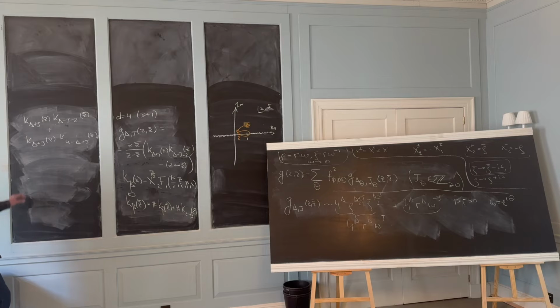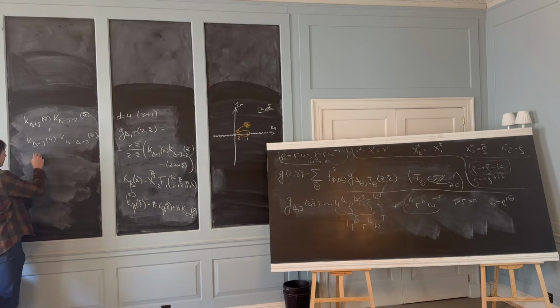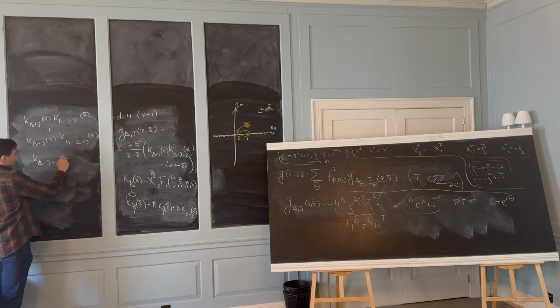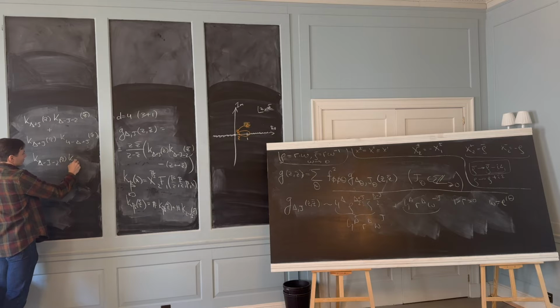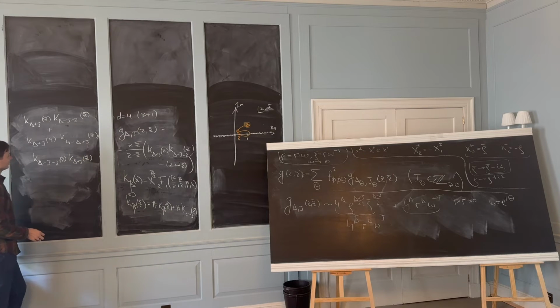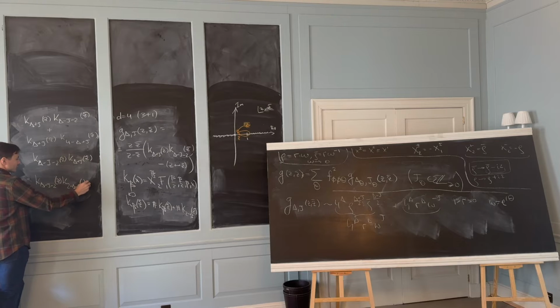And similarly, there is another term here which looks like k delta minus j minus 2 of z, k delta plus j of z bar. And after monodromy, it's also going to produce a term related to this one: k of delta minus j minus 2 of z, k of 2 minus delta minus j of z bar.